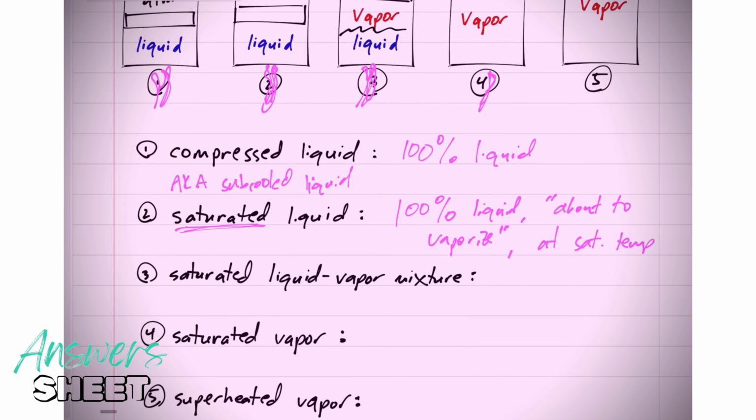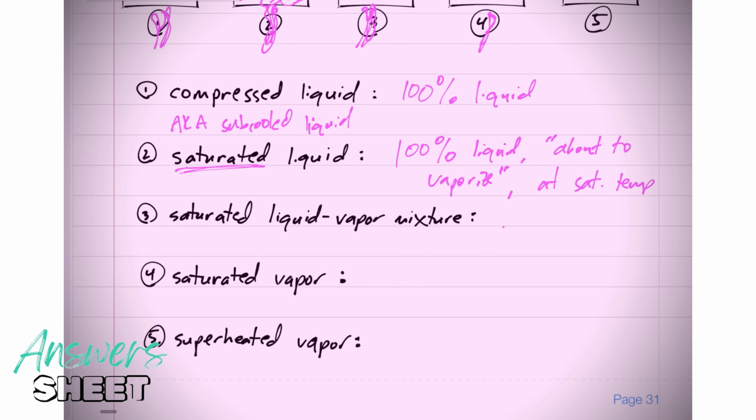All of these particles are going straight from liquid to vapor. So it's a mixture, right? A little bit of it has changed. A little bit more of it has changed. And so it's a saturated liquid-vapor mixture. It is saturated liquid and saturated vapor.